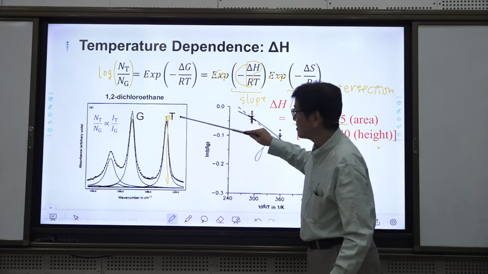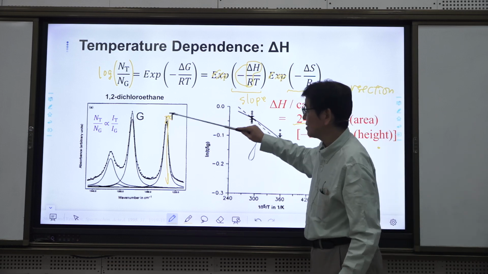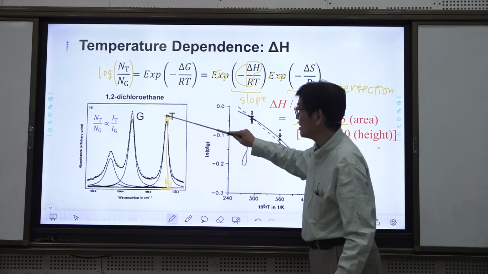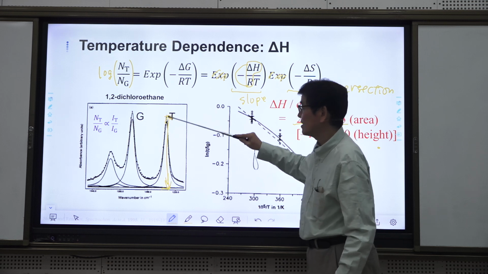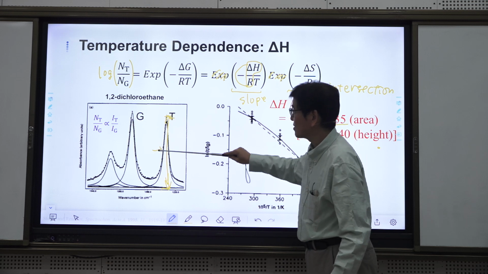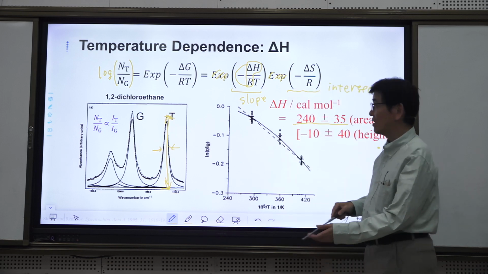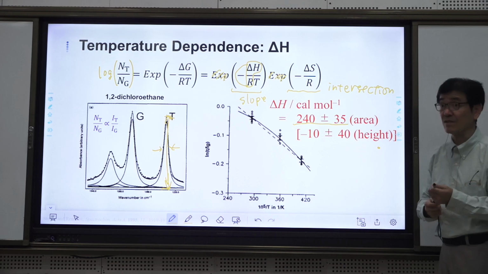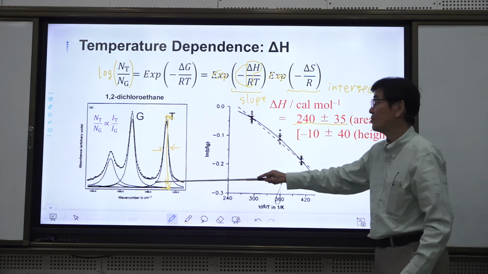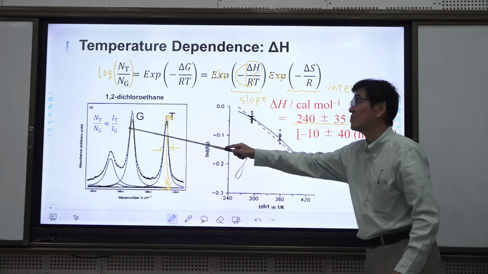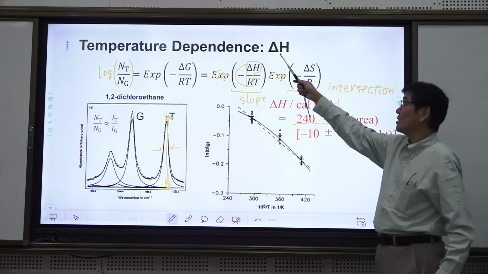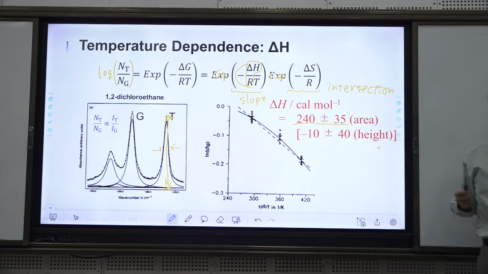So the difference is that peak height indicates the height, but area includes the information of the peak width, and bandwidth changes for various reasons. So the area should be the better estimation of the number of molecules. But anyway, from temperature dependence, we can get delta H.